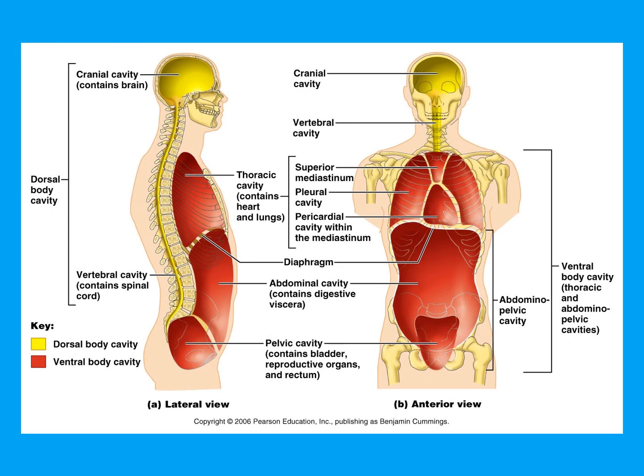And from an anterior view here, once again, the cranial cavity, the vertebral cavity, which runs behind the ventral cavity. So here you can see from the anterior view the pleural cavities, which contain the lungs. You can see the pericardial cavity that would contain the heart.